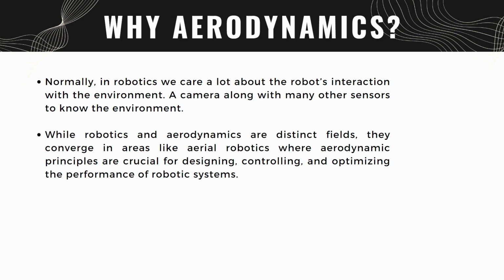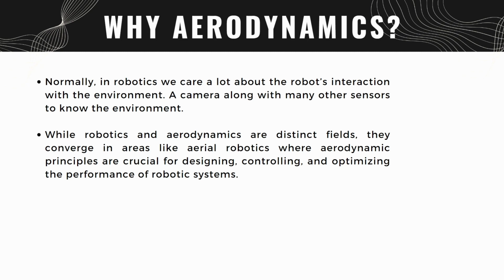Essentially, there are cameras and other sensors that give the robot information about the environment. Similarly, in aerodynamics, we need to understand how the air is blowing, what effect it is posing to the robot which is flying.